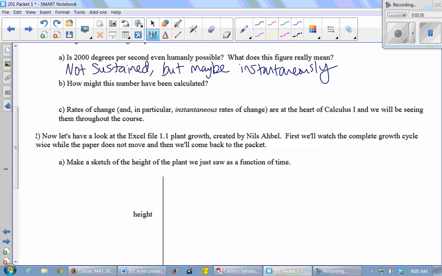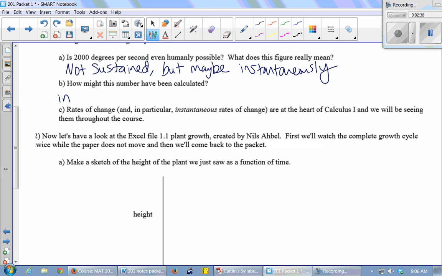How do you think they calculated that number of 2,000 degrees per second? From a fraction of a second. They looked at how many degrees his foot moved over some amount of time. So probably they looked at the film frame by frame, and they figured out how far his foot moved in some small fraction of a second.